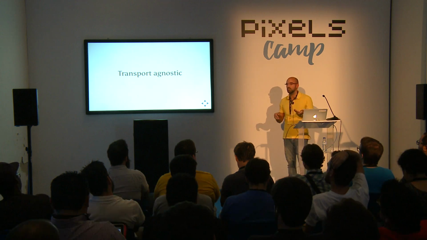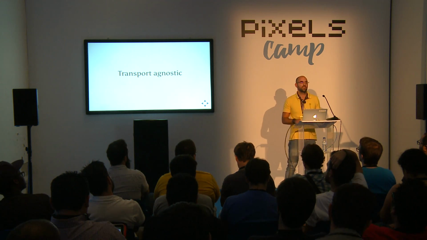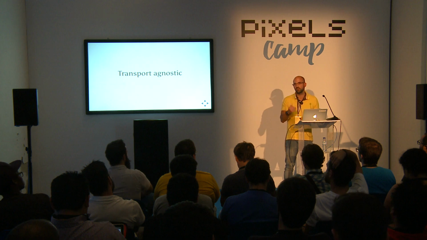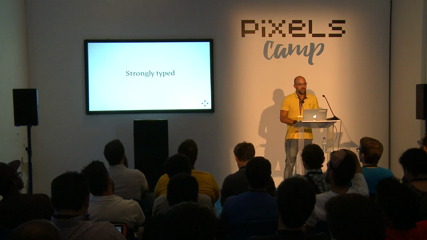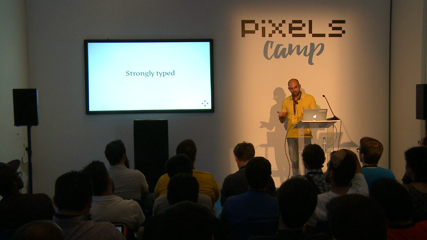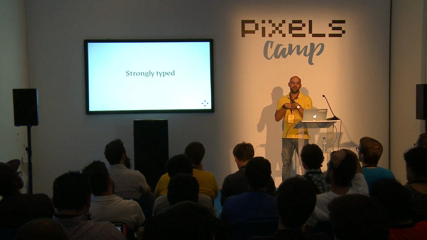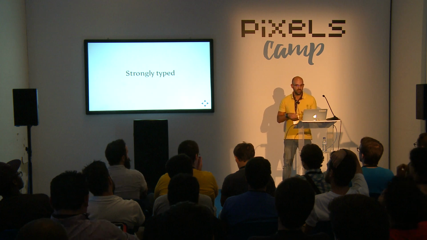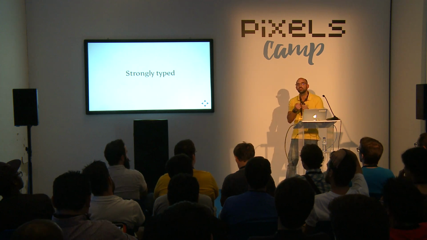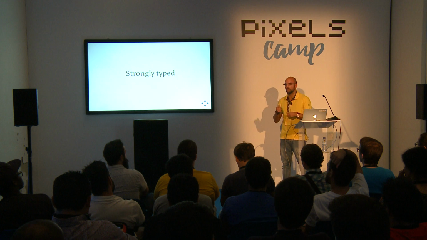It's transport agnostic. Most people will end up using HTTP, but there's nothing that ties GraphQL to HTTP. It is strongly typed. As a Rubyist, I'm a dynamic typing guy. But GraphQL is not a programming language. It is a data query language.